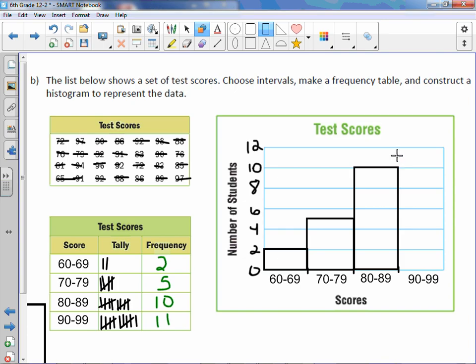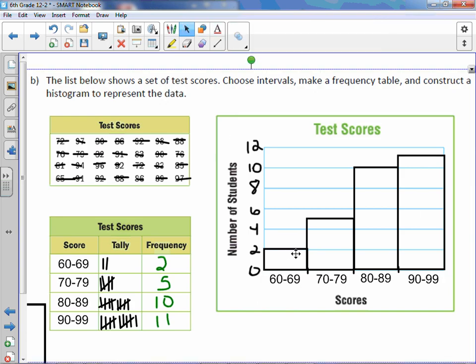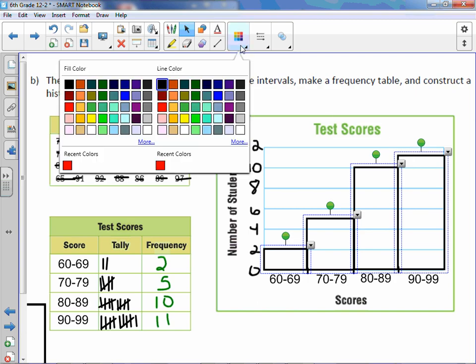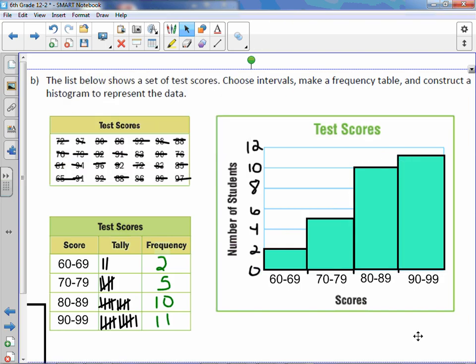And the last one is at 11. And let's shade those in. Oops. There's our histogram.